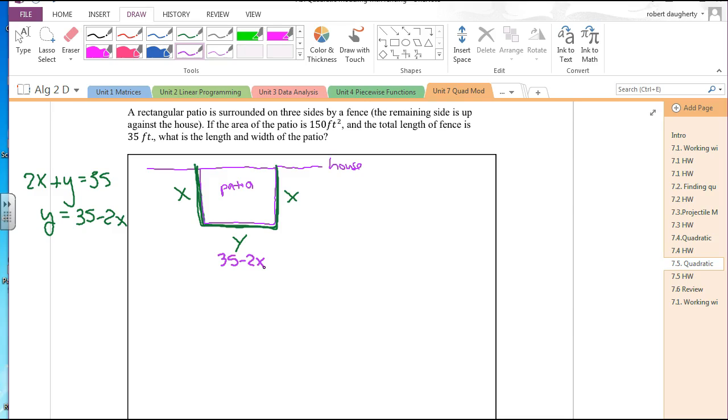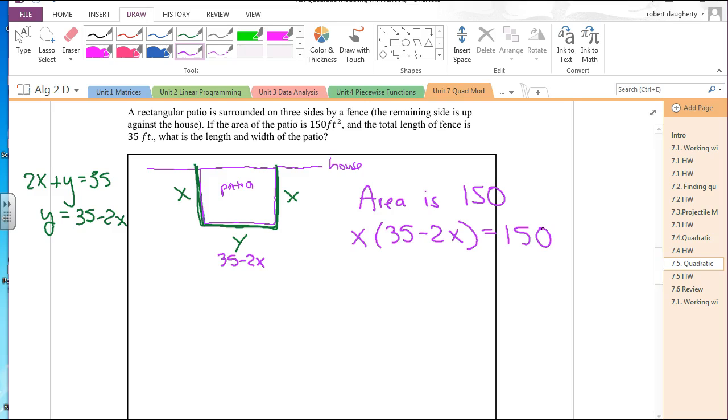What else do I know? The area is what? 150. What's the area of a rectangle? Yeah, so it's just the length times the width. So the area is 150. So that tells me that x times 35 minus 2x equal 150.